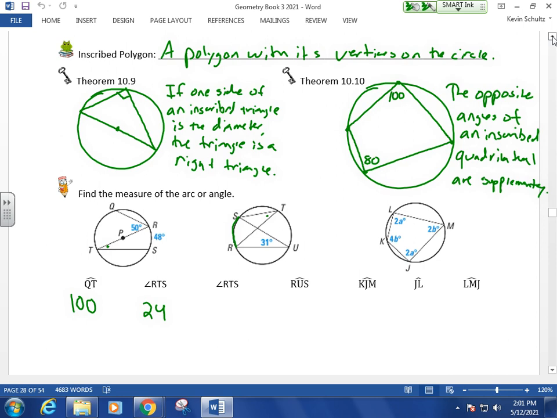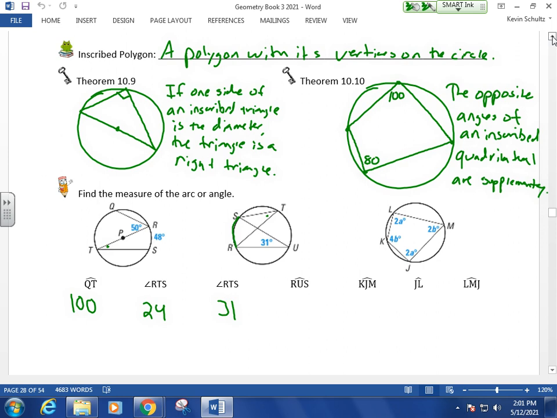And so back up in our theorem where we had a situation similar to this before, what can we say about angle RTS? What will it be? Julia? 31 degrees. Right? Congruent to the other inscribed angle because they create the same arc.